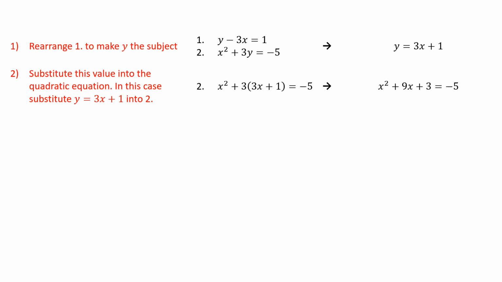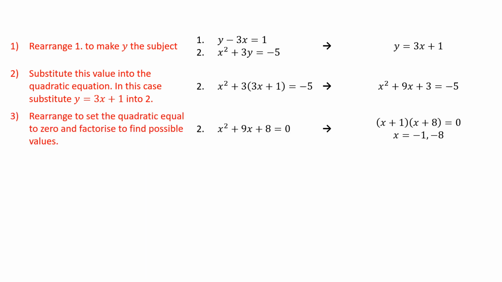And when we simplify, we're now just going to write this and set it equal to 0. So when we do this, we now have something that we can factorize. When we factorize this, we can get x plus 1 and x plus 8 as our brackets, which gives us our x solutions as -1 and -8.